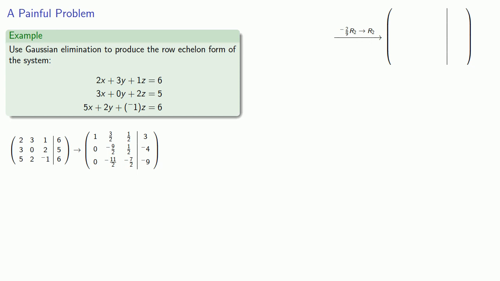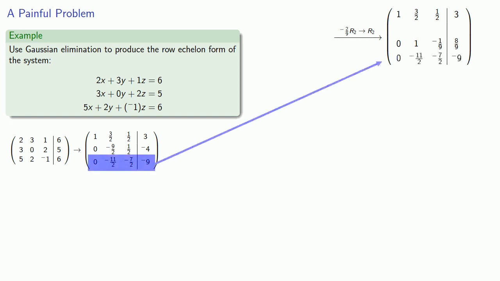So our first row we'll leave unchanged, and our second row we'll copy down close by for reference. 0 times -2/9 is still 0. -2/9 times -9/2 is 1. -2/9 times 1/2 is -1/9, and -2/9 times -4 is 8/9. And the result will be our new second row, so we can erase the old row. And since we haven't done anything with our third row, we'll copy that over, unchanged.